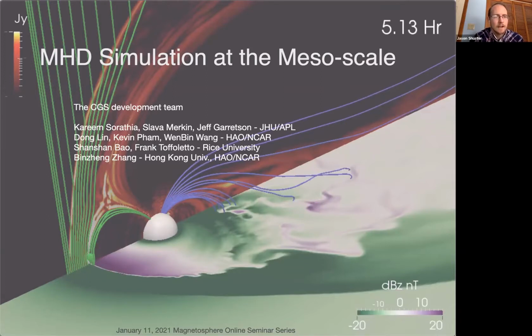Dr. Lyon is going to be presenting for us today a presentation on the meso-scale MHD simulations of the magnetosphere. Dr. Lyon graduated with his PhD from the University of Maryland, and his research interests include computational physics with magnetospheric applications, geophysics, and plasma and fusion physics as well.